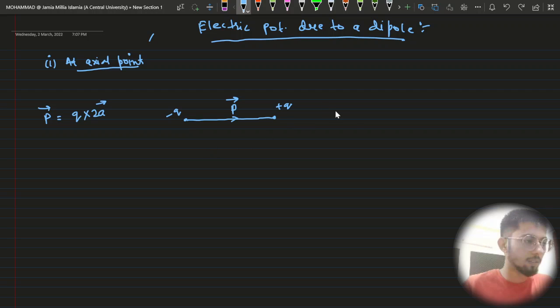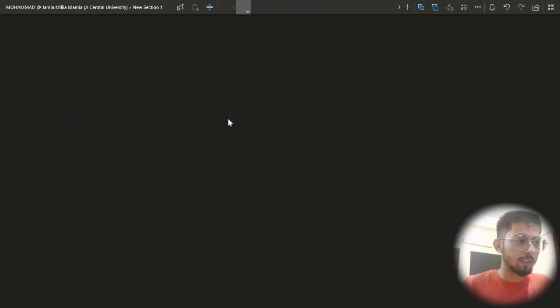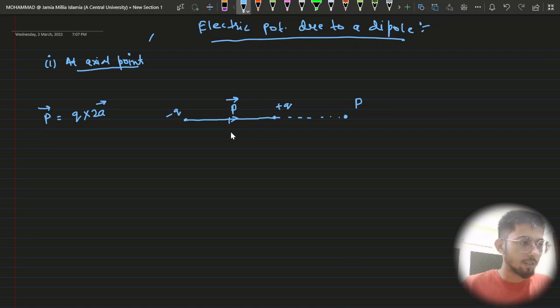Now we want to find the electric potential at some point P on the axial line of this dipole. How can we find that? Let us say the distance from the middle to this point P is some distance r, and each one of these distances is a, because the whole is 2a, correct?